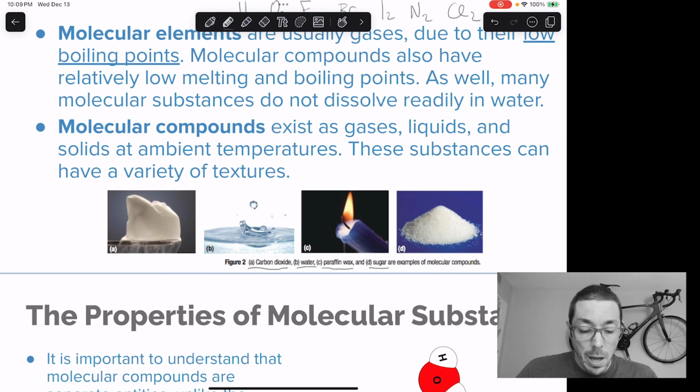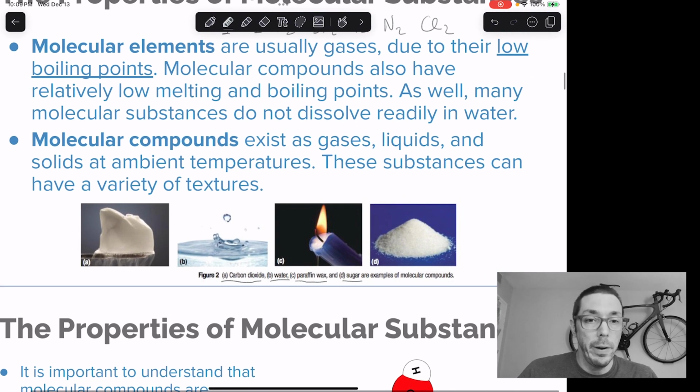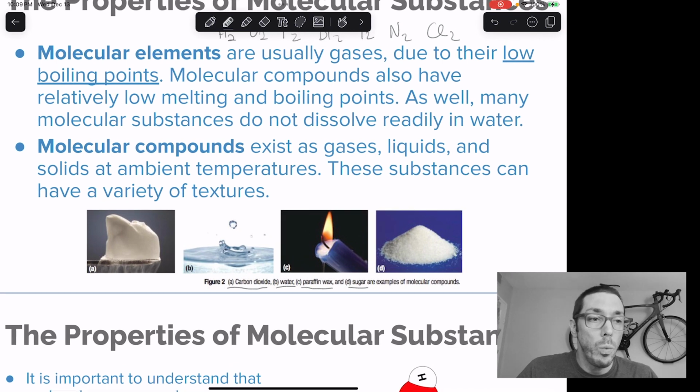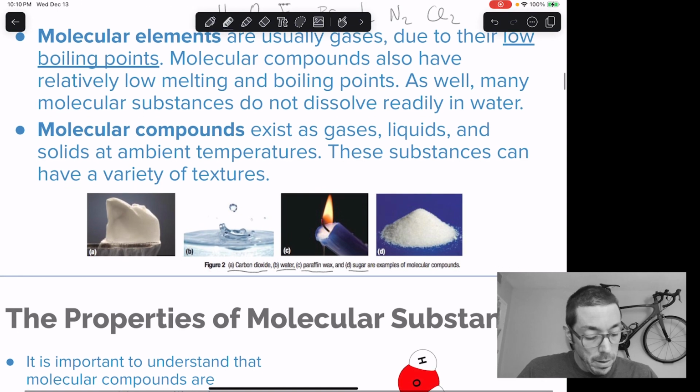And they have a little bit more variety in terms of their state. They can be gases, liquids, or solids at room temperature. And they have a variety of textures. So they're much more wide-ranging in terms of their properties compared to ionic compounds. And we will explain why that is coming up.